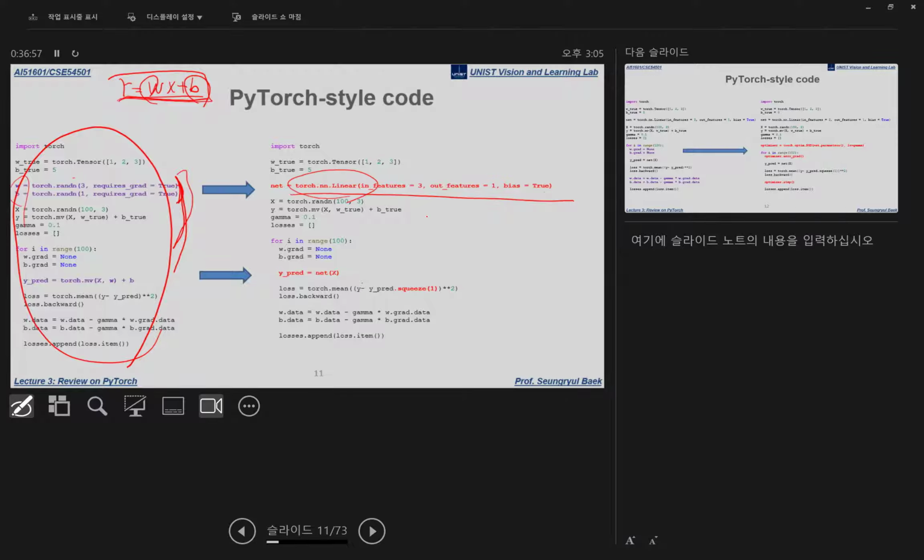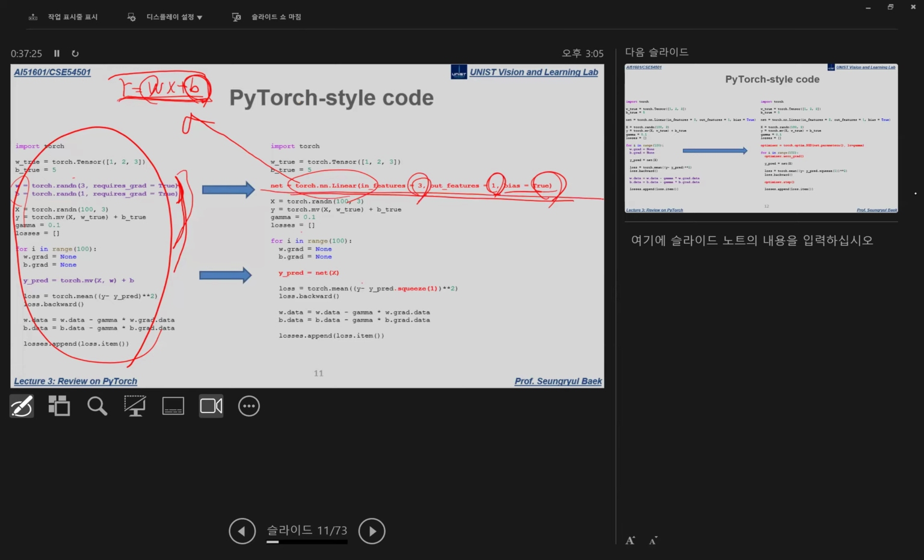Anyways, this is the torch.nn linear layer, which defines this type of linear layer. You can just specify the input dimension and output dimension and whether to use the bias or not. Bias means this B term, so we are using that normally. So True, and our output is 1 dimension and input is 3 dimensions.